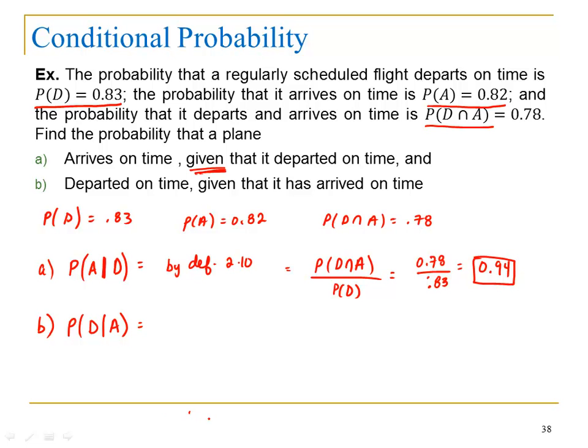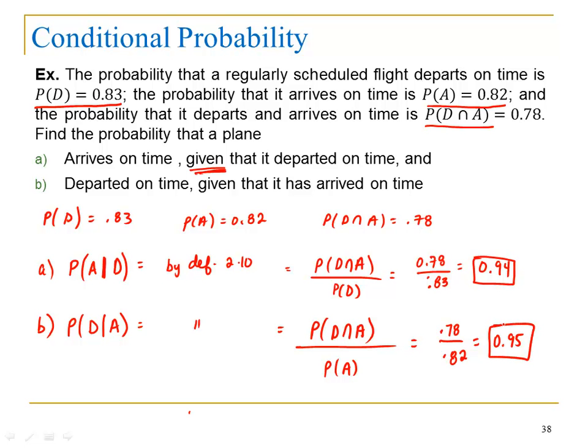So using the same definition, we have the intersection of the events divided by the probability of arriving on time. So this is 0.78 divided by 0.82, and this is 0.95.